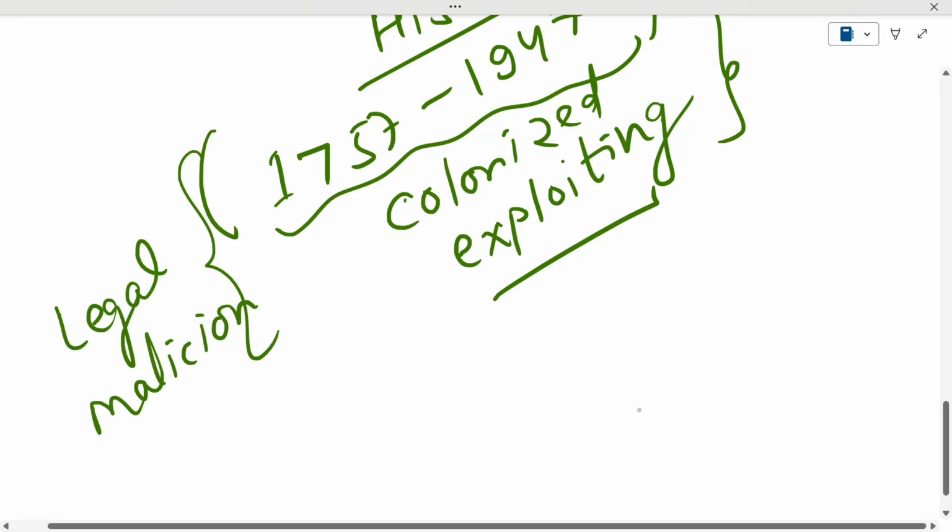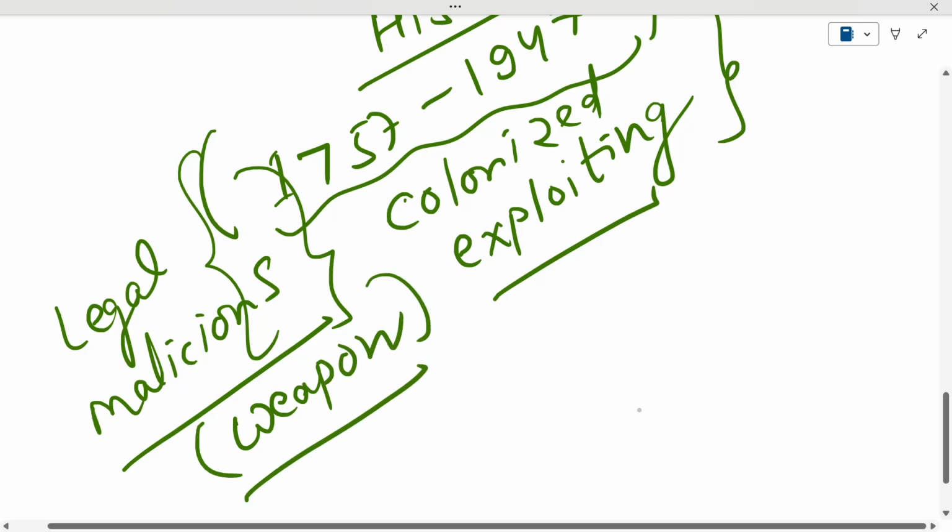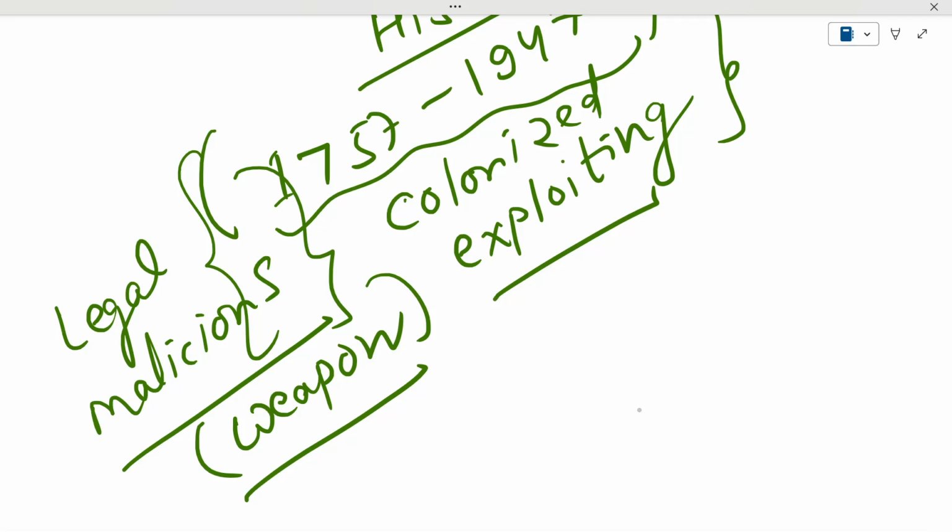So a law is a blind sword. A law is a sword or a tool or a weapon that can be weaponized against poor people, or it can be weaponized in a malicious way.